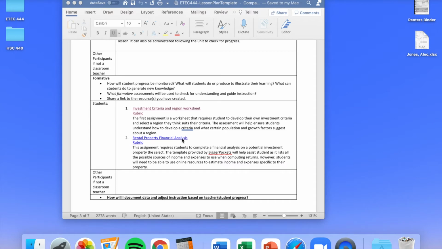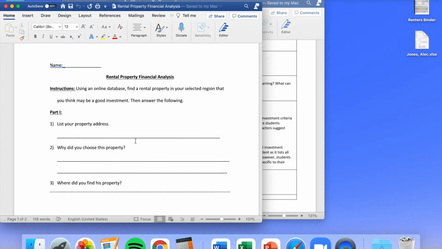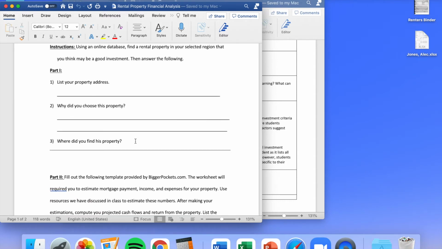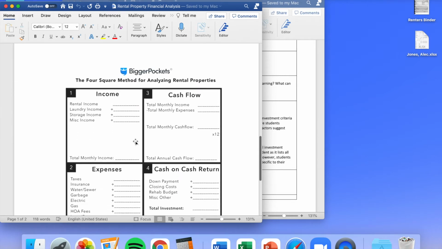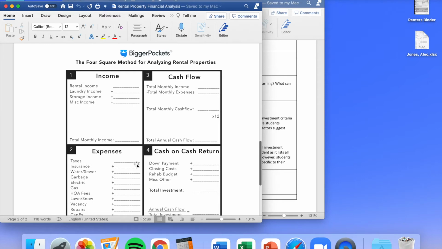For assignment number 2, it's going to be rental property financial analysis. They're going to go online on a website like Zillow or Realtor and choose a property, tell us why they chose it and where they found it. Then they're going to fill out this worksheet from biggerpockets.com that has them estimating income and expenses for a property and then calculating the cash flow and the cash on cash return.